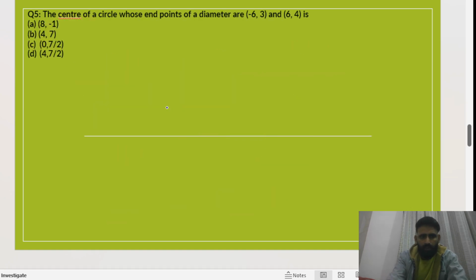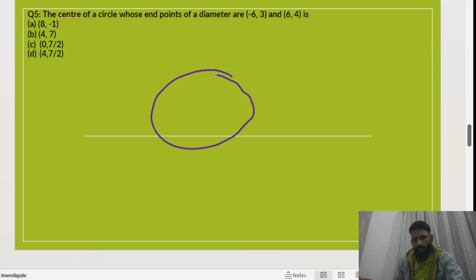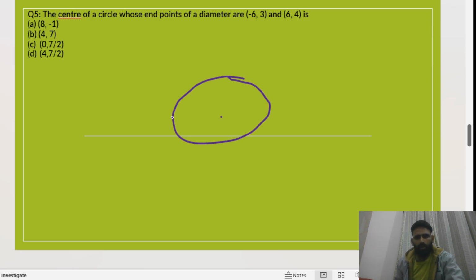Next is question number 5. Center of the circle whose end points of the diameter are given. So there is a circle and a diameter.